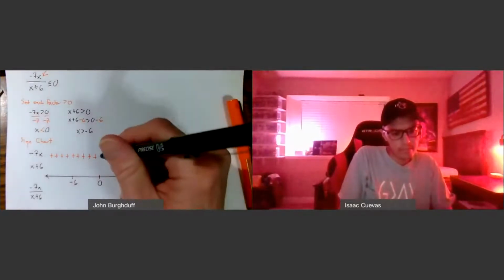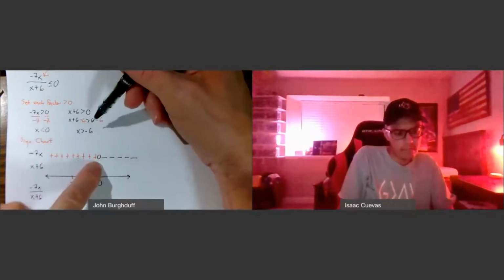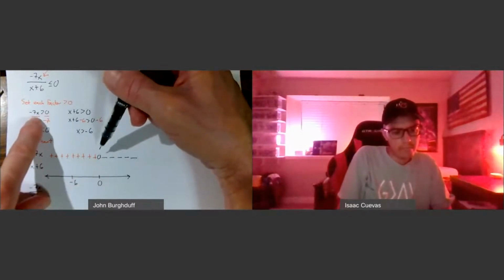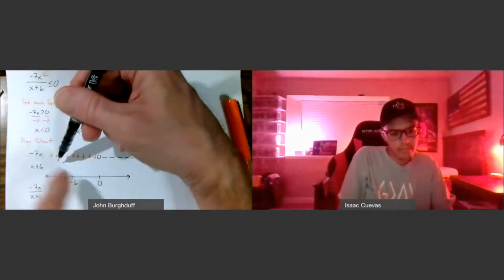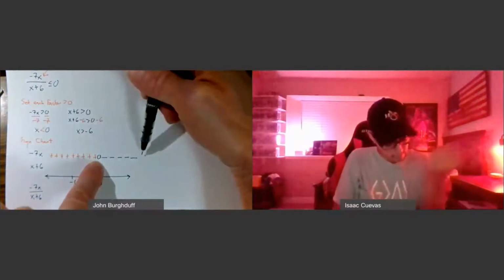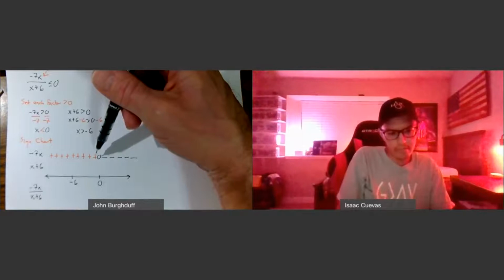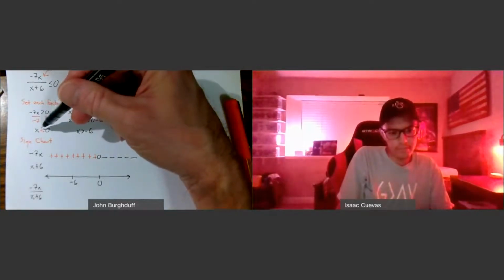And right at 0, if you plugged a 0 into negative 7x, you would get 0. So this factor is positive if you're to the left of 0, negative if you're to the right of 0, and 0 if you're right at 0. That's kind of a fancy way to write the number line solution for this inequality.